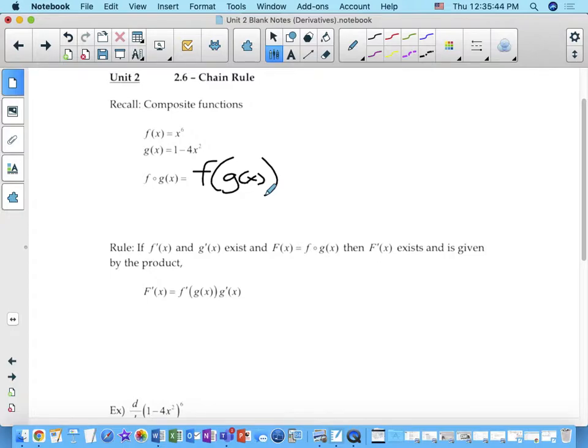And what this means is that in the function f of x, which is x to the 6, we have to replace the x with this function g of x. Okay, so this is something to the power 6, and what that something is going to be is 1 minus 4x squared, to the 6.